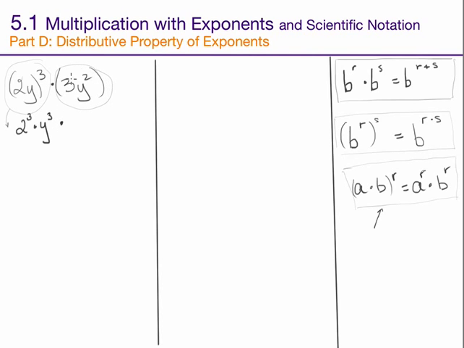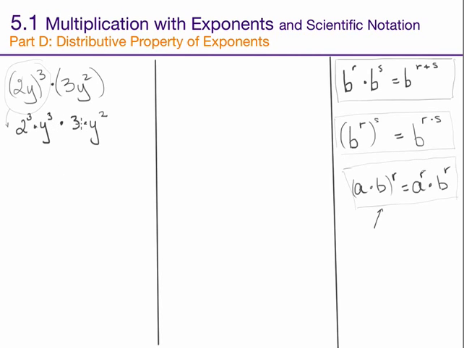But this piece here is tricky, because remember, there's no exponent out here. I'm not supposed to raise 3 to the second power. If I were, there would be an exponent on the outside. So 3 does not get raised to any power. And the y, well, it's already raised to the second power, so let's just copy it down that way.